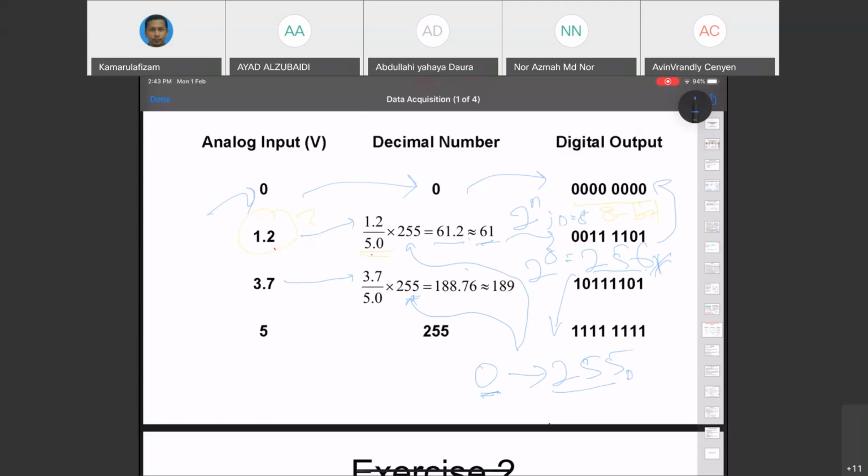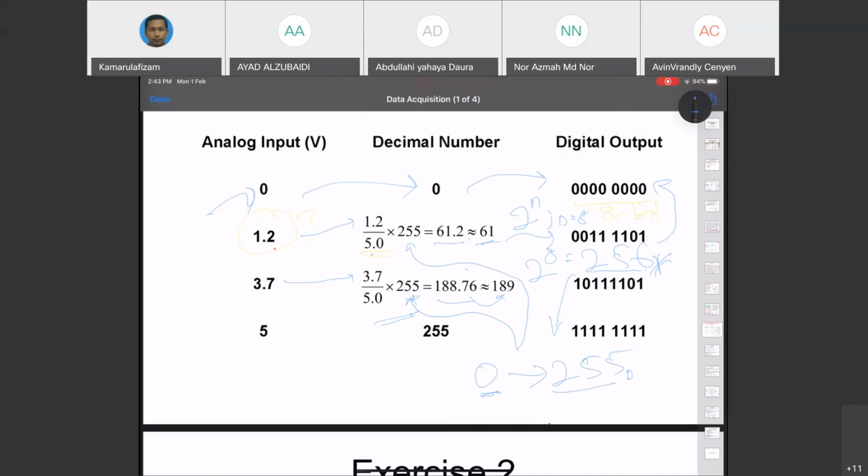All right. The same goes for these 3.7 volts. We use the same formula and method. You will get this, and it goes to 189, and you can use your scientific calculators to convert from 189 decimal to 8-bit digital representation.